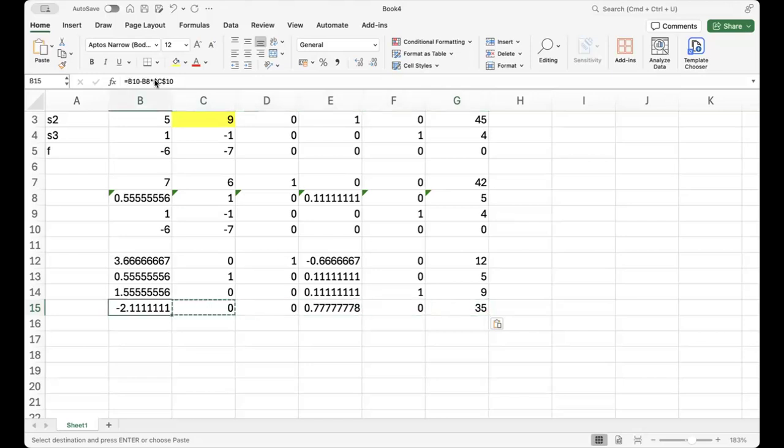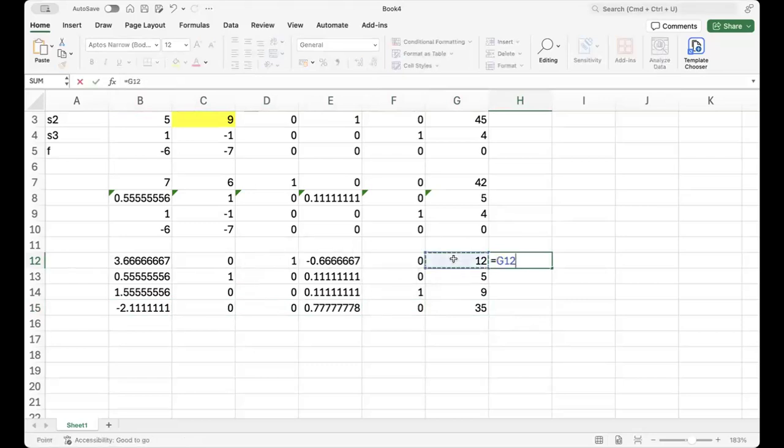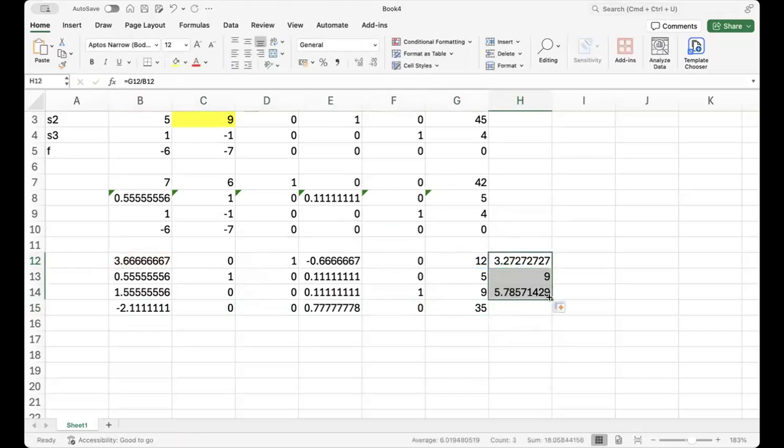This one is our pivot column, right? Because the coefficient is negative. All you have to do is calculate B over A, the ratio of B and A. And then this is the smallest positive, so this is the pivot element.